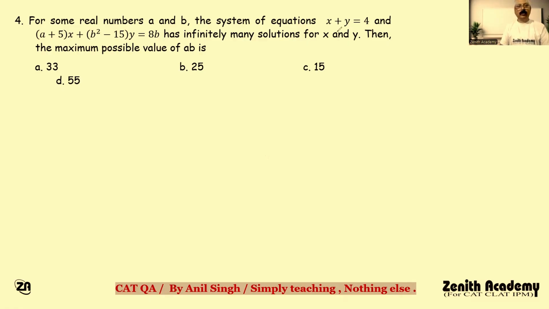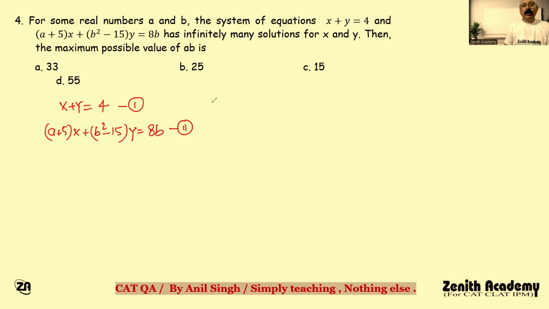So here are two equations: x plus y is equal to 4, and (a plus 5)x plus (b square minus 15)y is equal to 8b. These are two equations. The condition is that these two equations have infinitely many solutions.